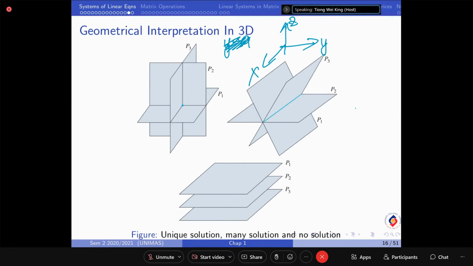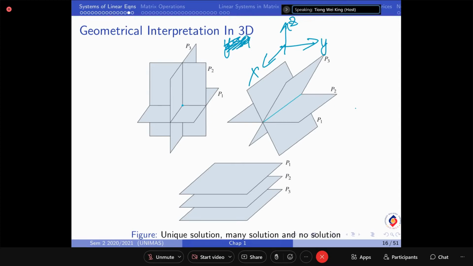For 3D, normally I'll just explain the geometrical interpretation so that you see what it means by unique, many, and no solution. But for 3D, we don't ask you to plot the graph. If needed, maybe you can find an online graphic calculator to plot the graph. Unless you are a CS student, then in the second year, you will learn how to plot the 3D graph.